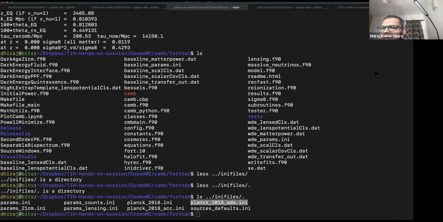What is this error? File not found. Can you show me the file structures in the ini files?